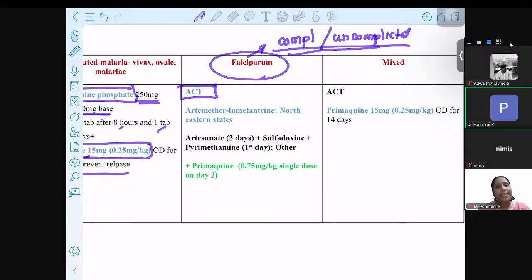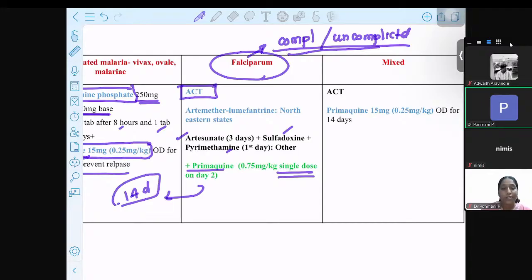There are many ACTs available. Any one of the ACTs can be used. One example I have given is artesunate with sulfadoxine and pyrimethamine. Here also, in order to prevent relapse, you have to give primaquine. But the dose of primaquine is just a single dose, whereas over there you are going to give it for 14 days.